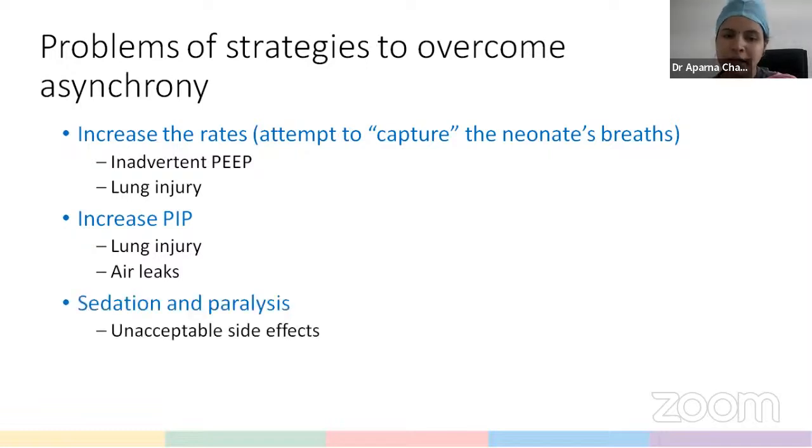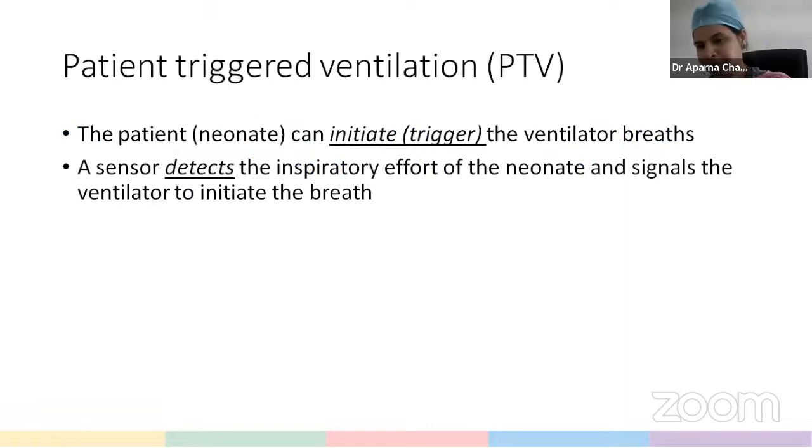Likewise, we may try to increase the peak inflation pressure and try to achieve that synchrony. But this is going to result in, again, lung injury due to barotrauma and volutrauma and air leaks. And finally, we often resort to sedation and paralysis. This also comes with side effects like hypotension and respiratory depression. And hence, the role of patient-triggered ventilation is very, very important.